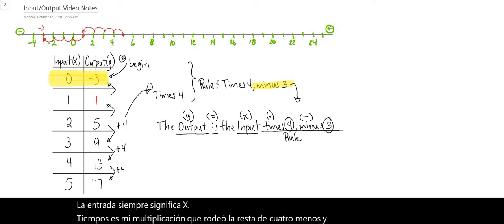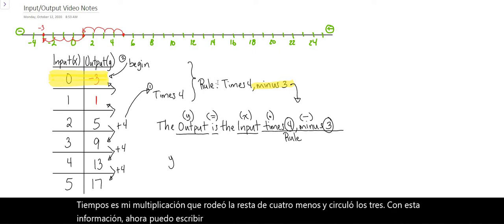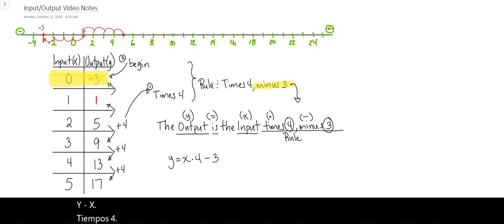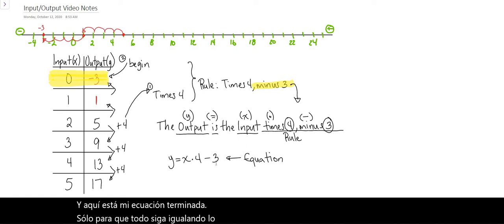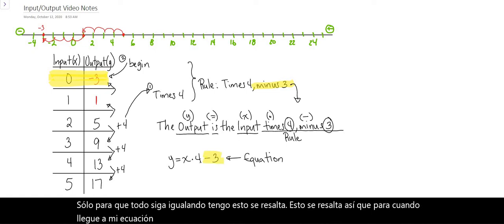With this information, I can now write my equation as y equals x times 4 minus 3. And here is my finished equation. Just so that everything continues to match, I have this is highlighted, so by the time I get to my equation, it's the exact same piece, so I highlight there.